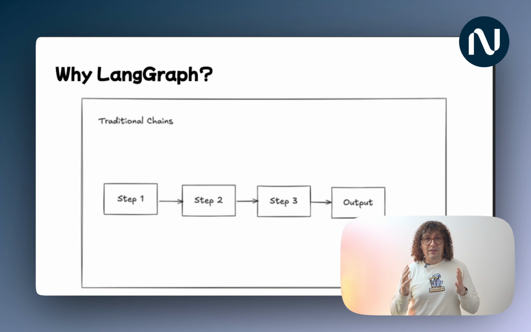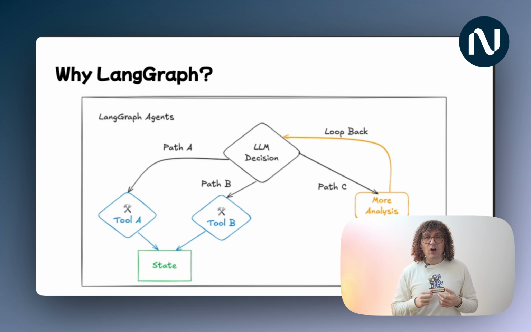Well, this is a simple example. But what happens once we add some complexity behind? For example, we want to interact with multiple tools. We want also to have some analysis. And all this should work in a loopback form.